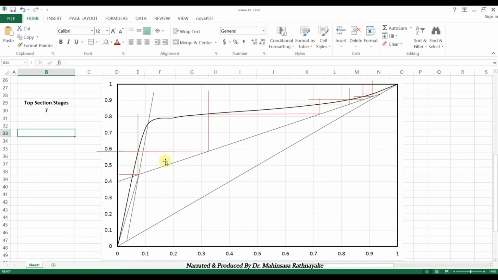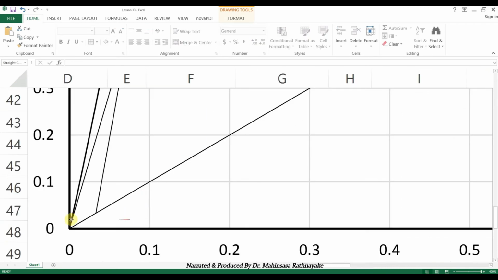For the bottom line stepping off, the manual method is further difficult for this problem. But we can zoom in the diagram in Microsoft Excel and draw the lines accurately.